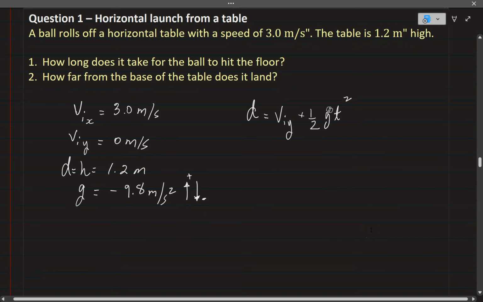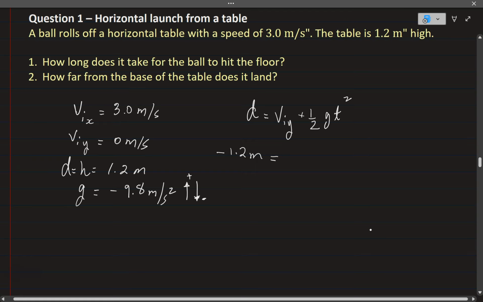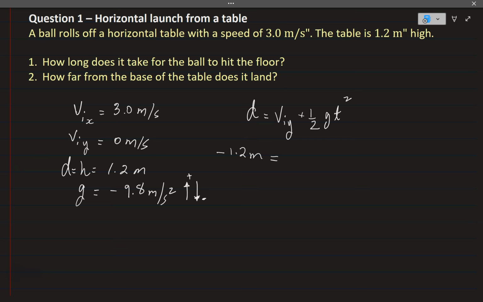The initial velocity for the vertical component is 0, but we do know that you start at 1.2 meters going downwards, so that would be a negative 1.2 meters displacement based on the reference point, which is at the top of the table. And then V initial y times t, by the way, is 0 times t, plus 1/2 times negative 9.8 meters per second squared times t squared.